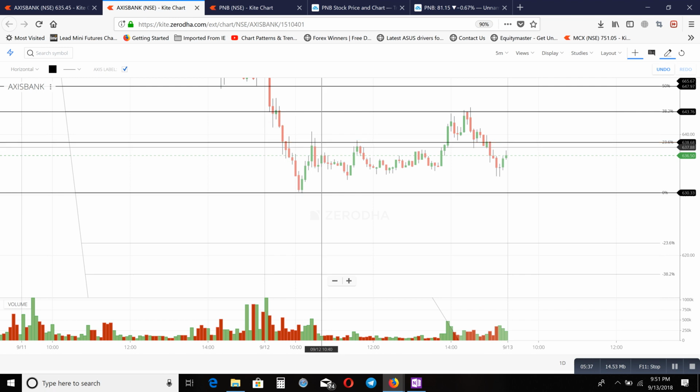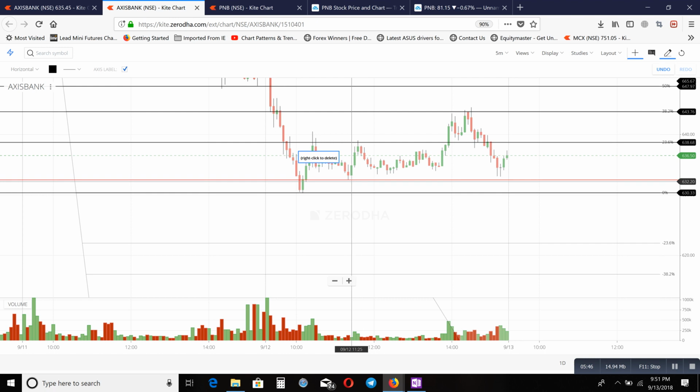He takes a short position with the target of 630, and in between there are various resistances or supports, you can say. So he applies a target for the resistance and then the final for the Fibonacci ratio. As soon as the price comes down to this support level, it bounces back. So this price level acts as a strong support level for future prices to come.